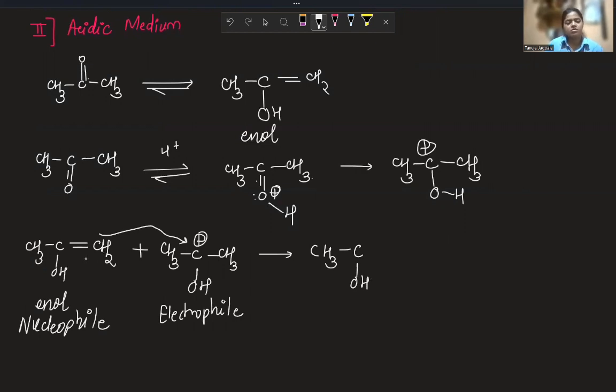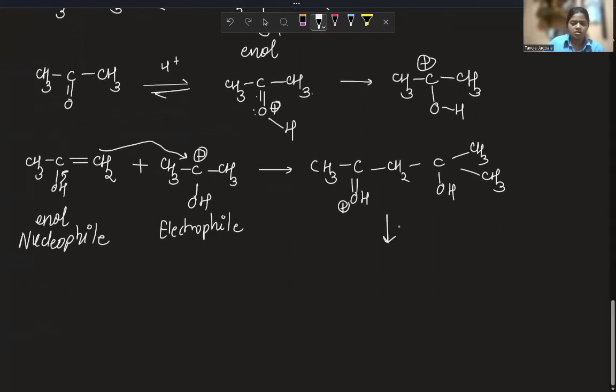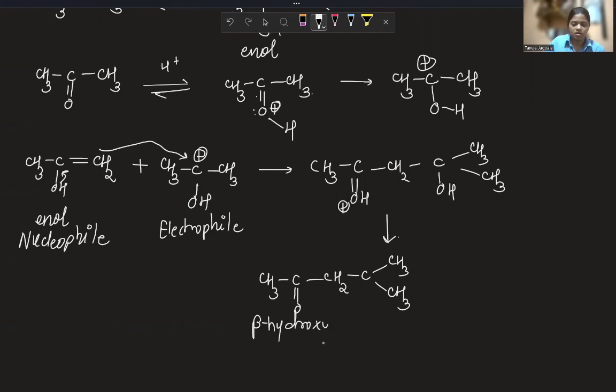The bond between oxygen and hydrogen gets shifted over here to form the protonated product, where now this hydrogen ion is lost to regenerate acid and to form beta-hydroxyketone.